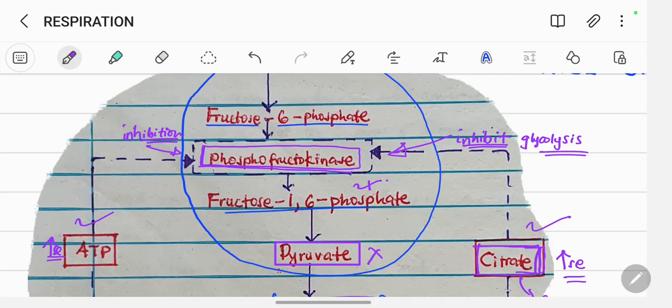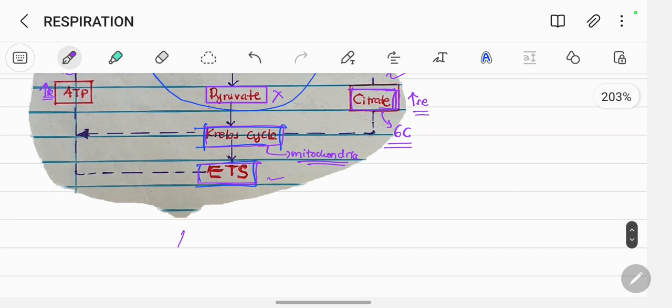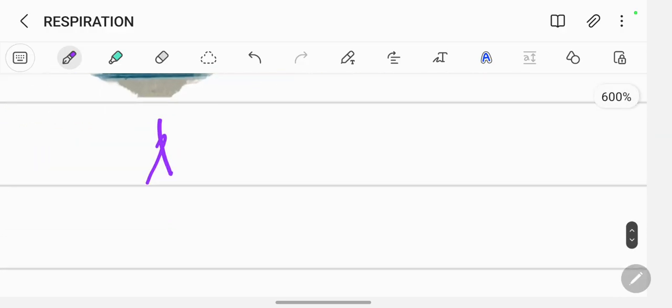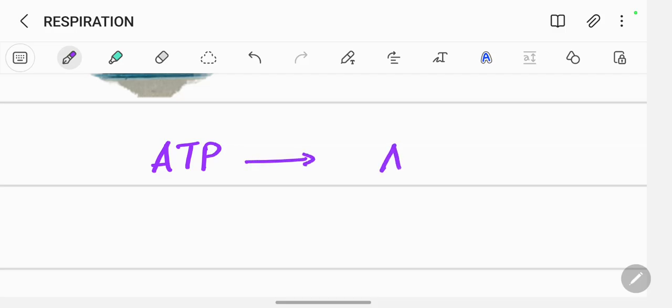It's not until ATP concentration decreases as ATP is being broken down into ADP and AMP.